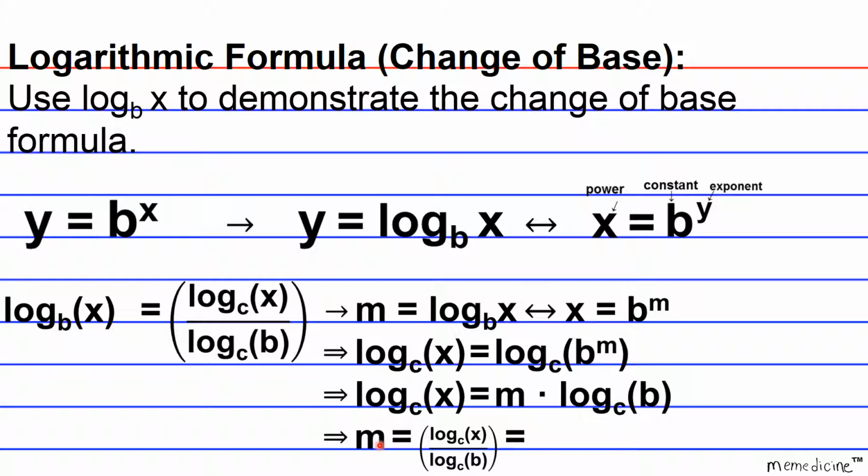But also remember that in the beginning, m was the value we assigned to the log base b of x, therefore we can go ahead and undo our labeling, and we get that the log base c of x divided by the log base c of b is equivalent to the log base b of x, which is our starting formula or the change of base formula.